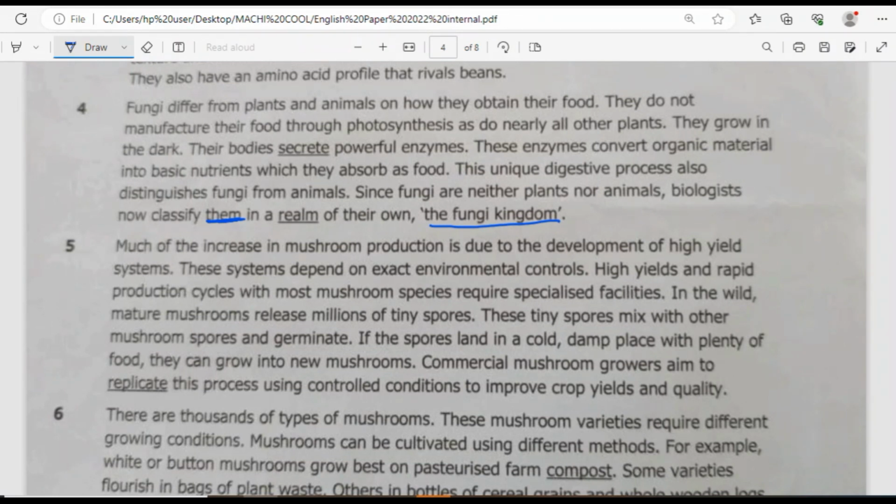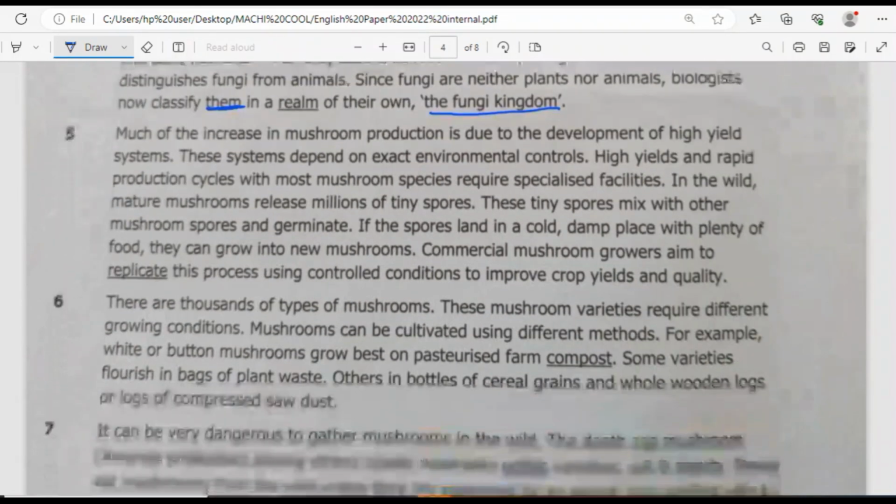In the wild, mushrooms release millions of tiny spores. These tiny spores mix with other mushroom spores and germinate. If the spore lands in a cold, damp place with plenty of food, they can grow into new mushrooms. Commercial mushroom growers aim to replicate this process using controlled conditions to improve crop yield and quality.